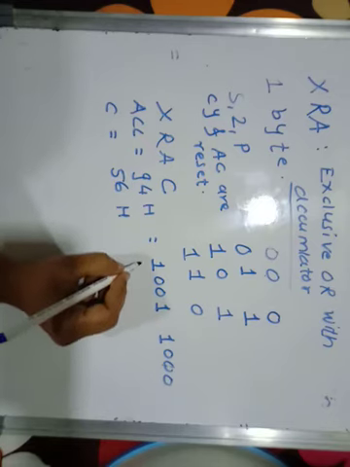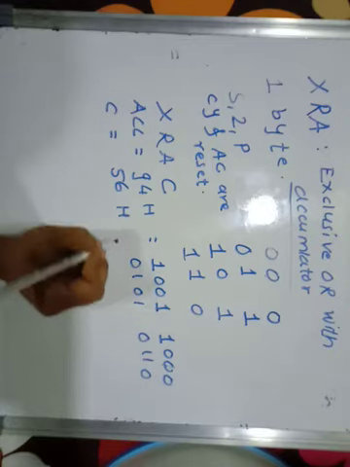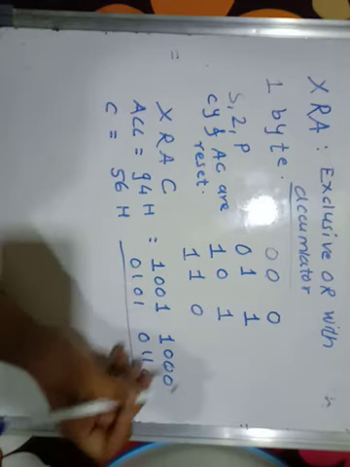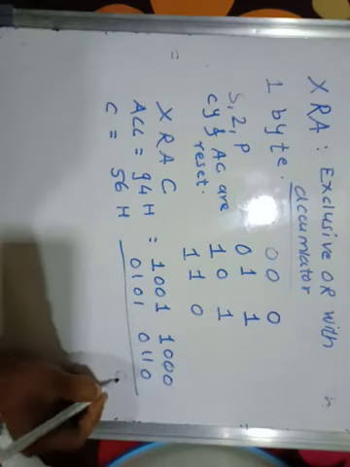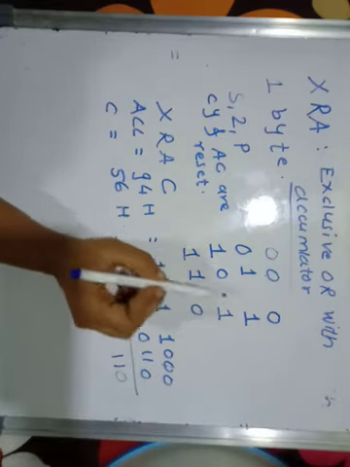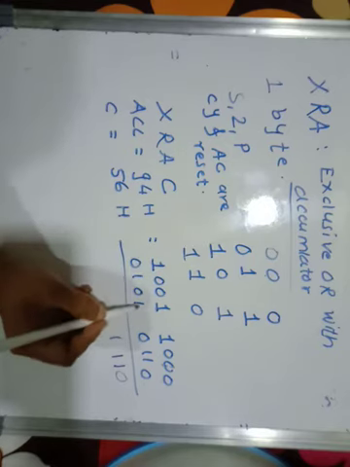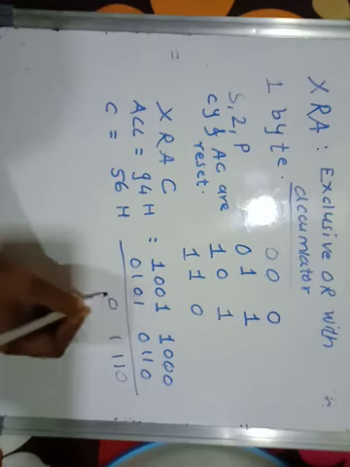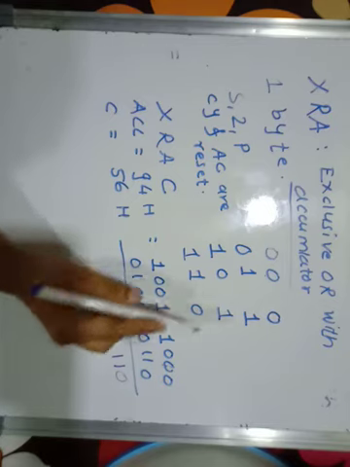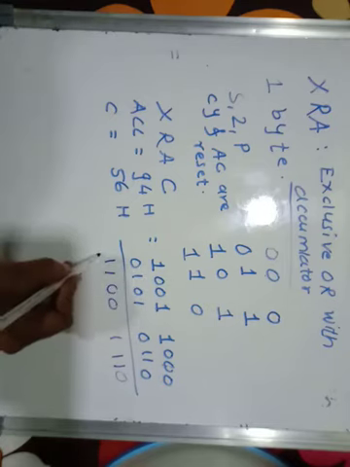So 5 is 0101, 6 is 0110. So you will get the resulting answer.